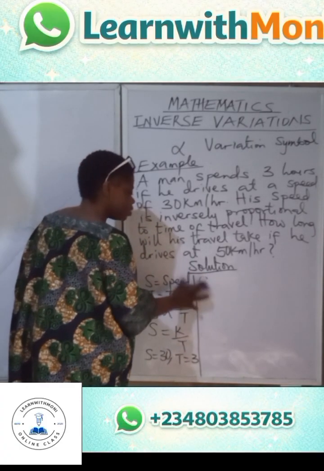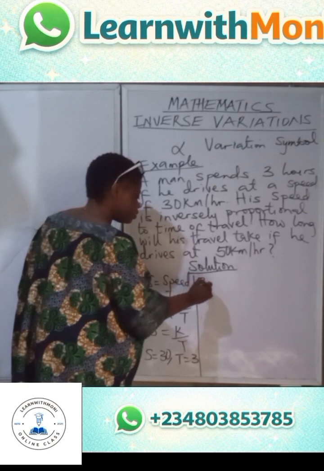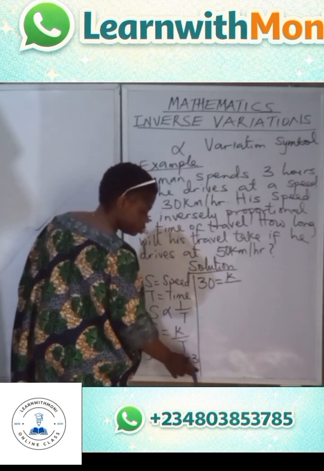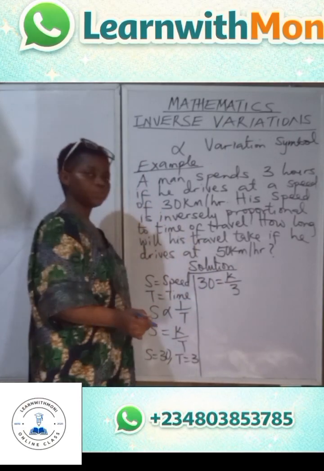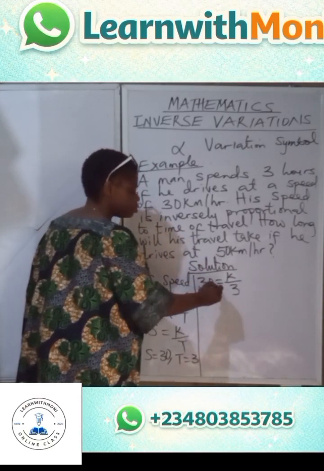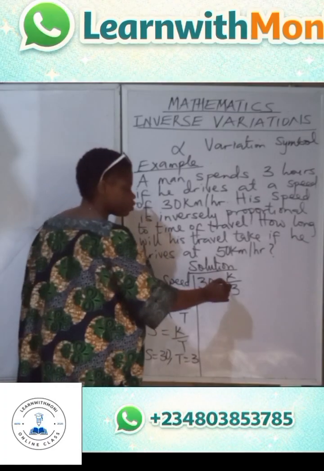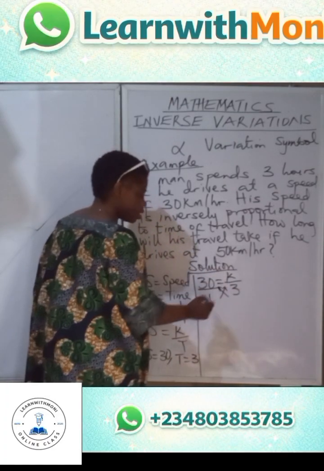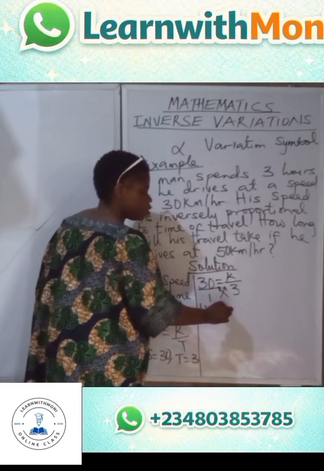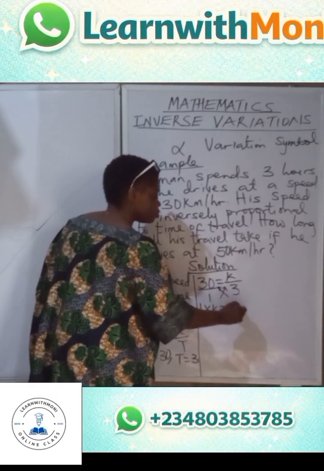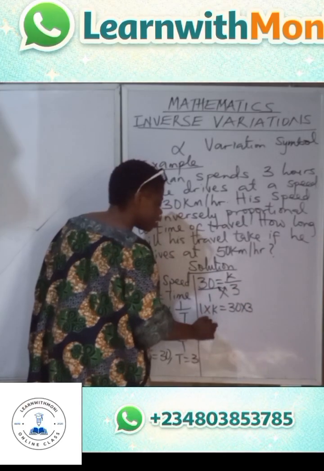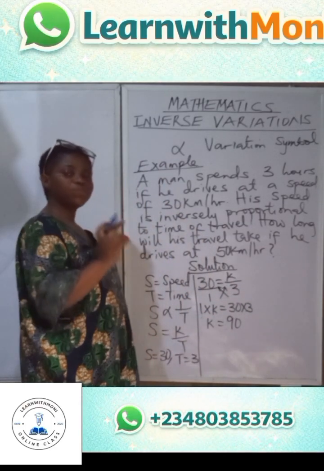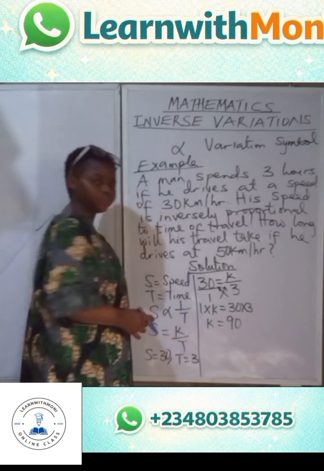For S, I'll put 30 equals K over time, which is 3. To get this variation constant, I'll put this over 1 and cross multiply. This is 1 times K equals 30 times 3. 1 times K is K, 30 times 3 is 90. So our variation constant is 90.